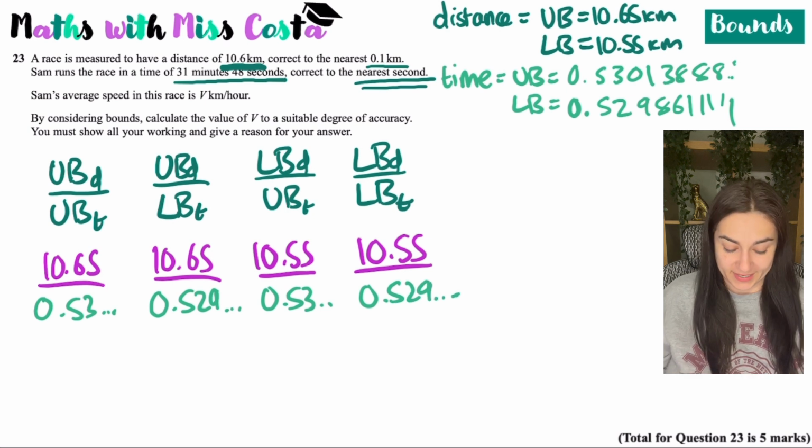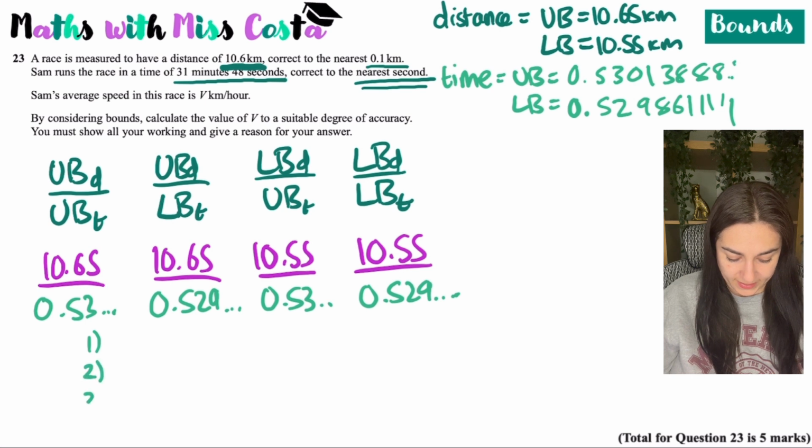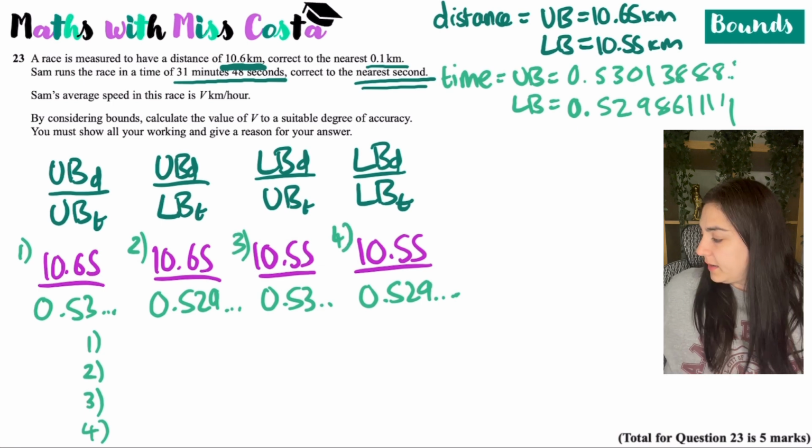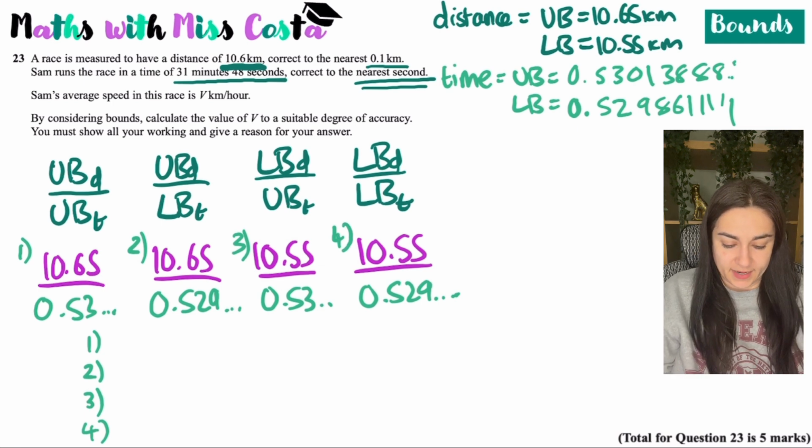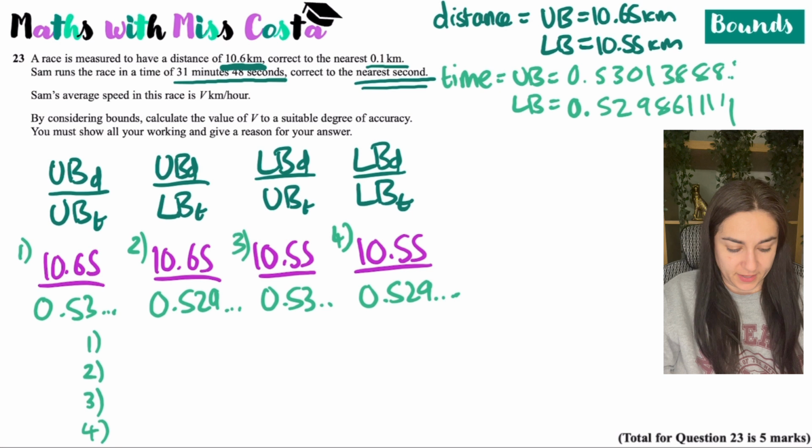So now I know the calculations that I need to do, and I'm going to get 4 values, which I'll write here. So this is my first calculation, second calculation, third, and fourth. So 10.65 divided by 0.5301388 is 20.089.